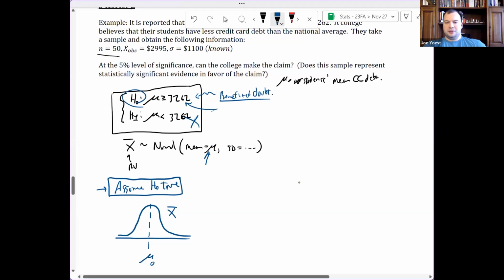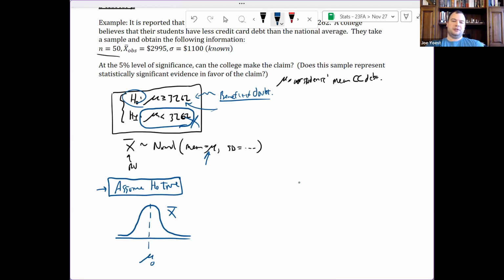Well, I want to provide evidence. My overall goal is to provide evidence that mu is less than 3262. So an X bar observed that is low does provide evidence. High does not.